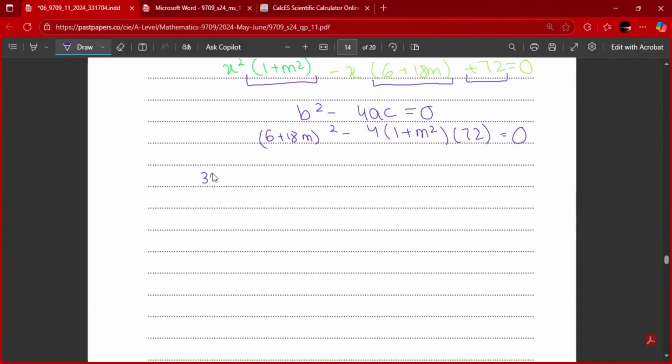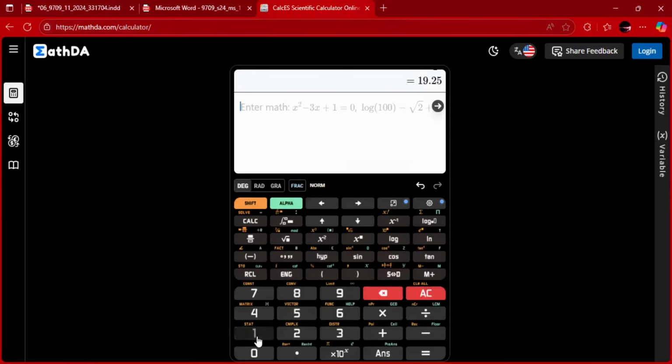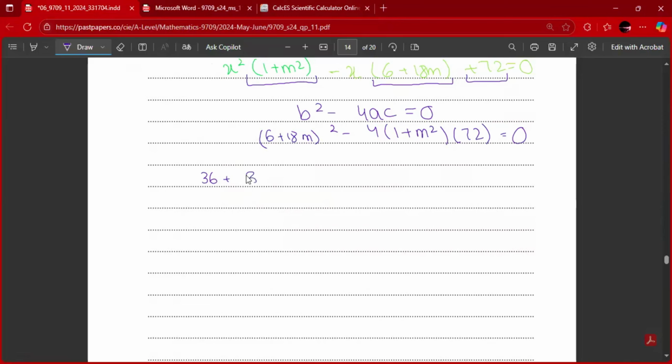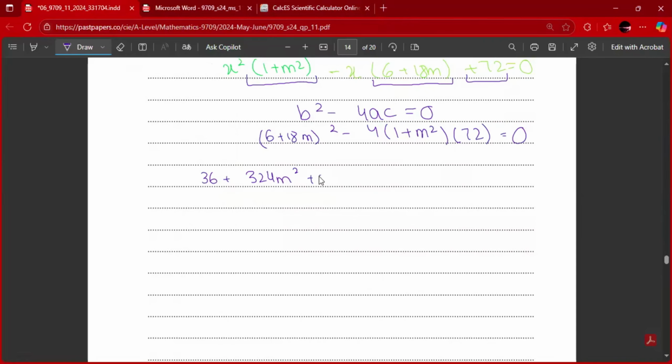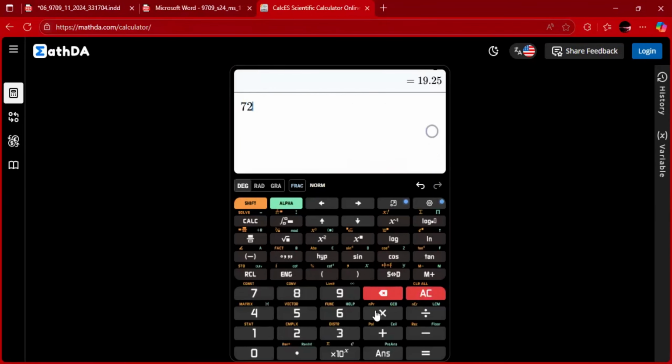Six squared is equal to 36 plus, what is 18 squared? Why am I dealing with such big values? 324 m squared. Oh my god, this is so big. 6 into 18 into 2 is 216 m, minus 72 into 4 is 288.